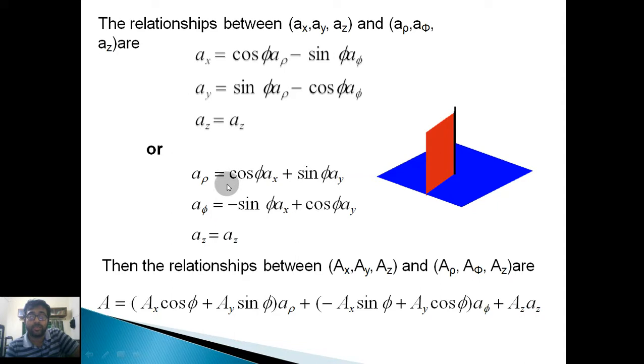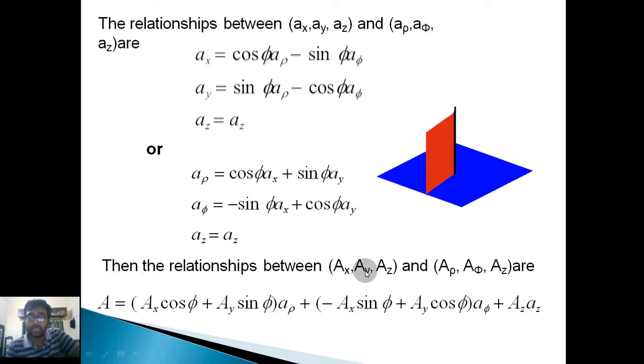Or we can describe it this way: a suffix rho is equal to cos phi a suffix x plus sin phi a suffix y, and the value of a suffix phi is equal to minus sin phi a suffix x plus cos phi a suffix y. A suffix z is equal to a suffix z, as we already know.